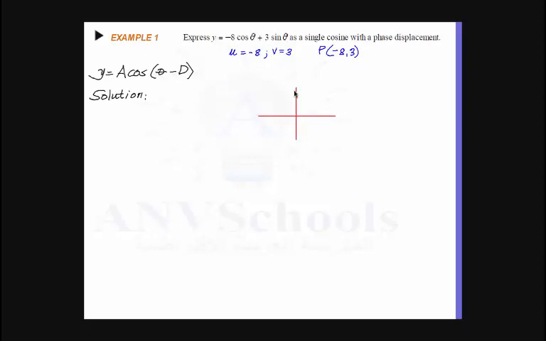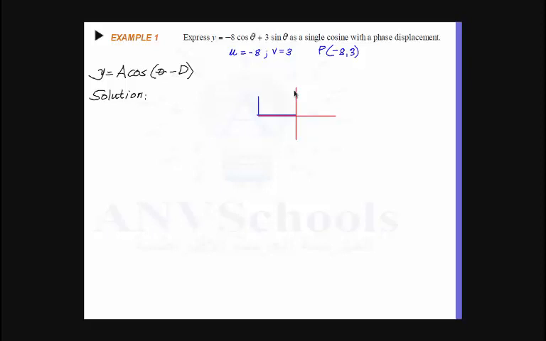Okay, so where is negative 8, 3? It's on the second quadrant. So let's therefore draw a right triangle on the second quadrant, where U is negative 8 and V is 3.